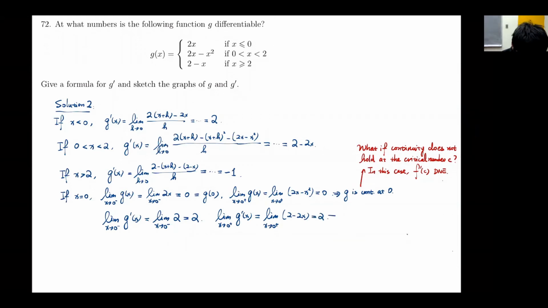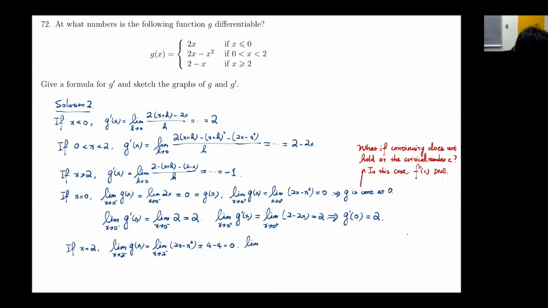So from the equality of these two, we can directly conclude that g is differentiable at the number 0, and moreover, g prime of 0 equals 2. All right, so this is the analysis at the number 0. How about at the number 2? Let's just repeat that. If x equals 2, let's first check the continuity. As x approaches 2 from the left, the limit of g of x is the limit of 2x minus x squared, which approaches 4 minus 4, and the answer is 0.